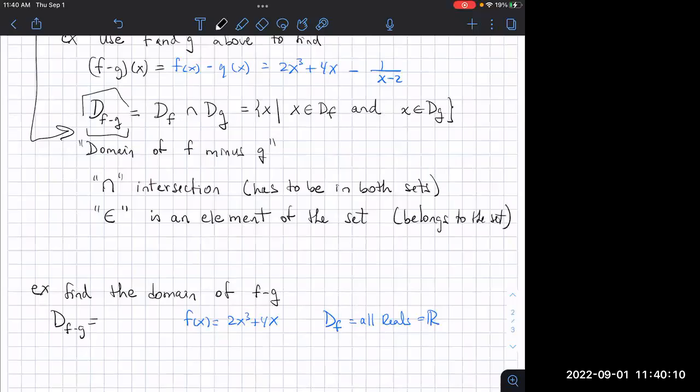So when we read this, we say X is an element of the domain of F, or X belongs to the domain of F. You read that as X is an element of D of F.